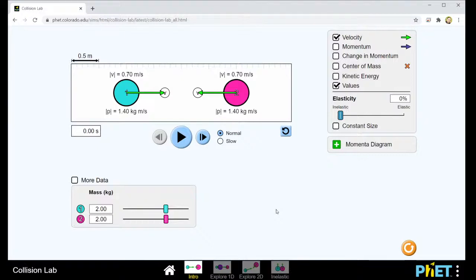So if you have positive 1.4 kilograms meters per second plus negative 1.4 kilograms meters per second, the total momentum of this system is in fact 0.